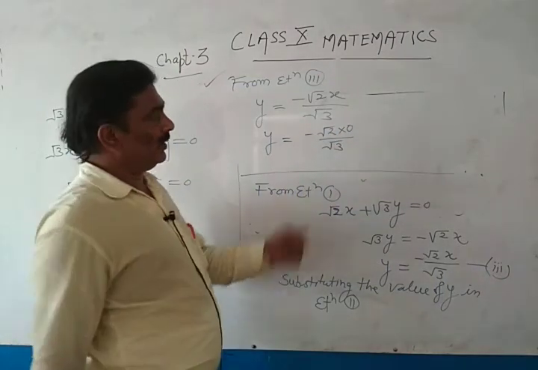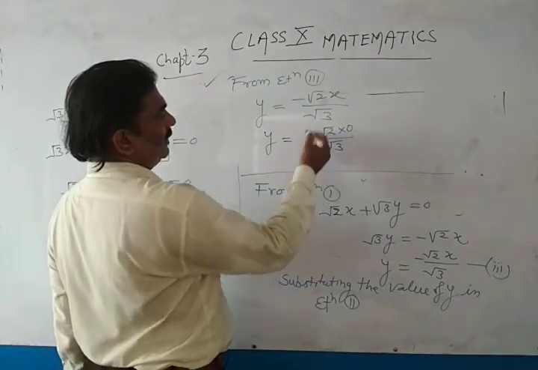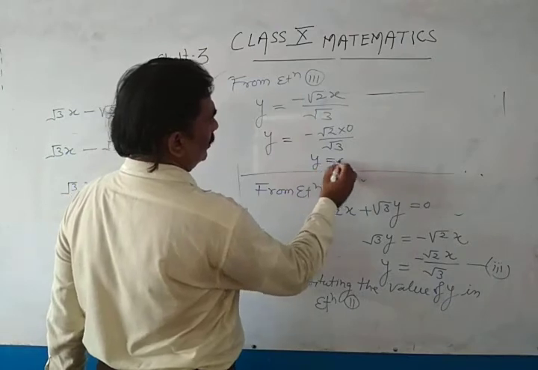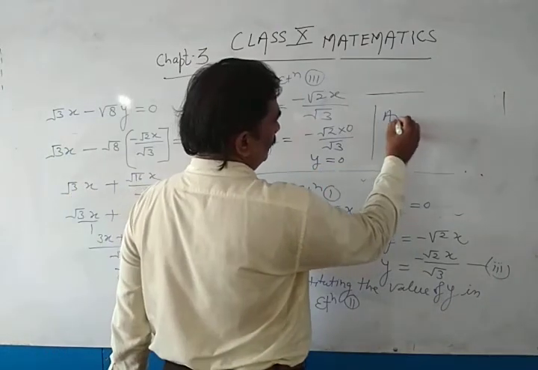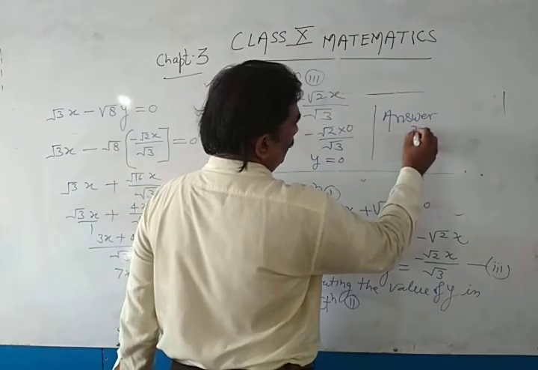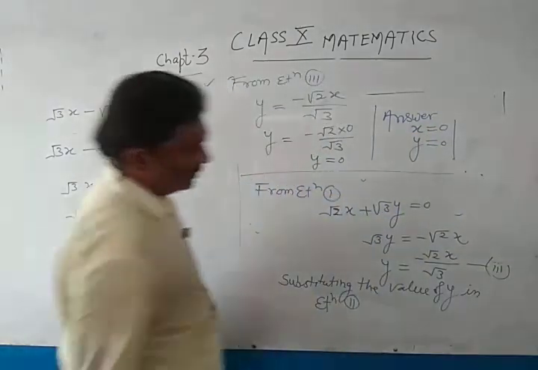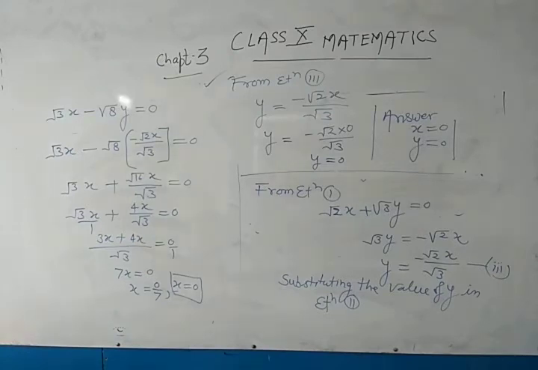And you know very well, if 0 is multiplied with any number, it becomes 0. So y is equal to 0. Our answers are x is equal to 0 and y is equal to 0. This is the answer, students. Note down. And we will solve the last part of this question first. Till then, take a screenshot or write down.